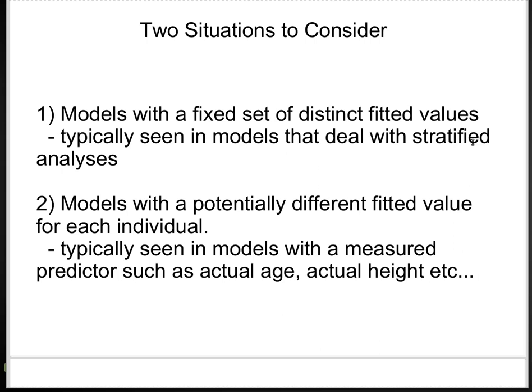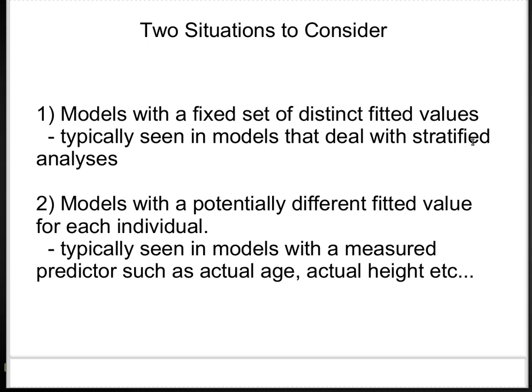One of the most obvious examples of that is where we have models in which we have a measured explanatory variable, and we have actual height, actual age, and they are not grouped. So in particular, we have a person's age, say in days, a person's height very accurately measured.